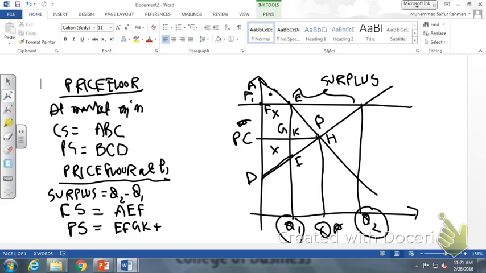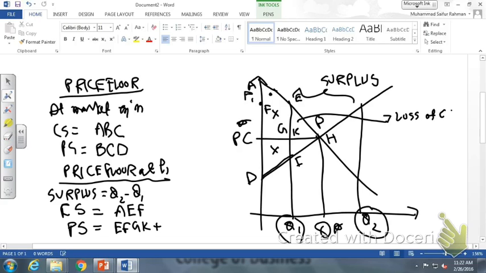The loss of the consumer surplus is this upper rectangle, which we are going to call loss of consumer surplus as a result of higher price, right?